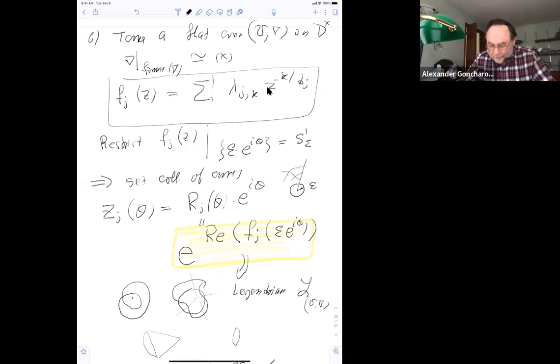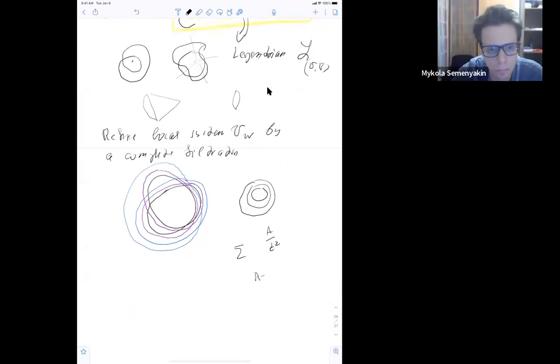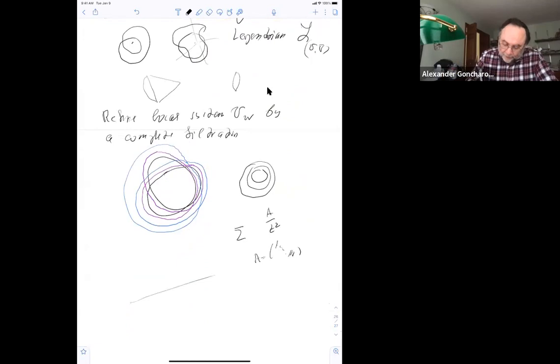I'm not sure what else I can say, but what you get depends on the curve. For example, if you have something like a matrix divided by z squared, where the matrix is constant, then what's important are the eigenvalues of this matrix, and you get some kind of circles.